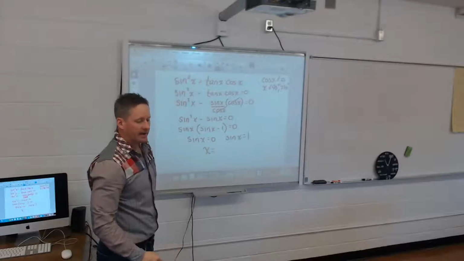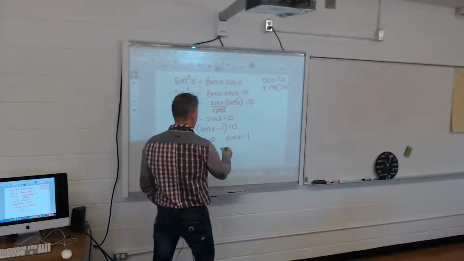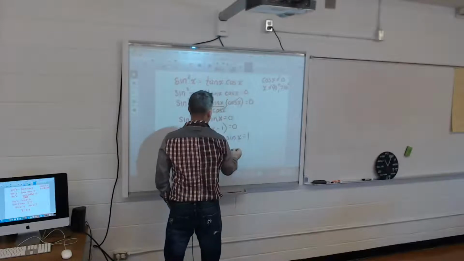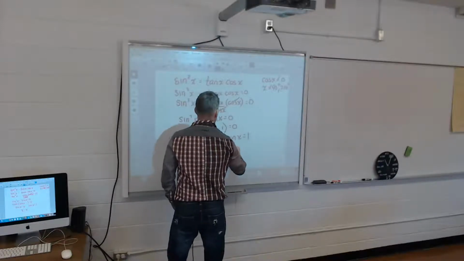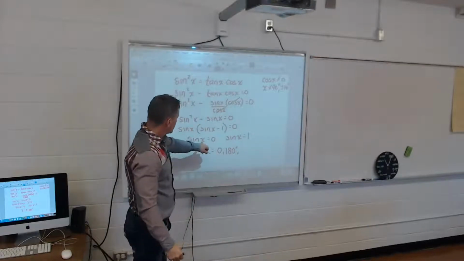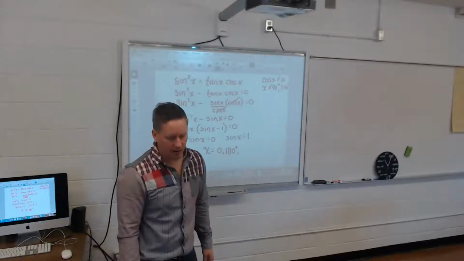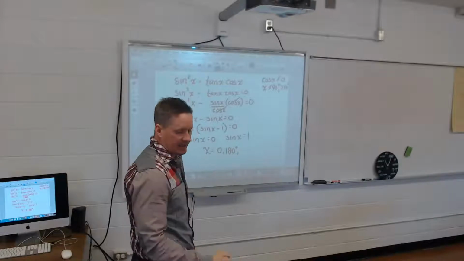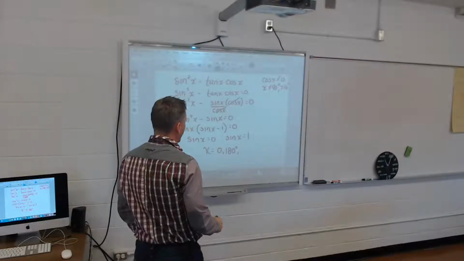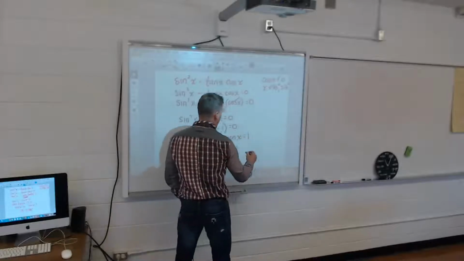Okay, so where is sine x equal to 0 on my unit circle? I keep going with radians. So sine x is equal to 0 at 0 and 180. It would be 360, but my domain says that it's not equal to 360. And then where is sine x equal to 1?